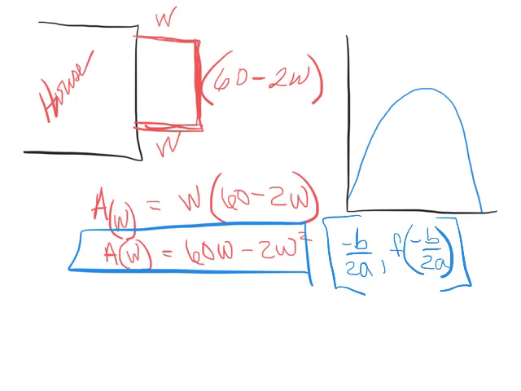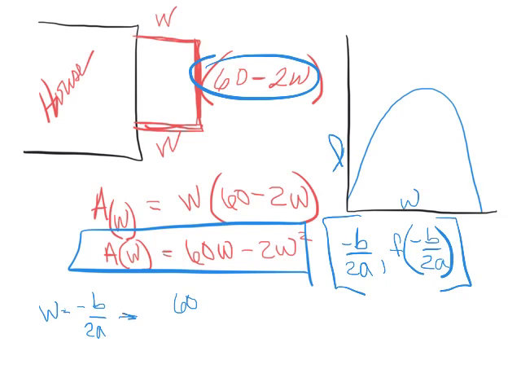So if this is width and this is the length, this distance right here, that's an L, we can put in the numbers that we have and see if we can find W. So W equals negative b over 2a, which means we have 60 over 2 times negative 2.